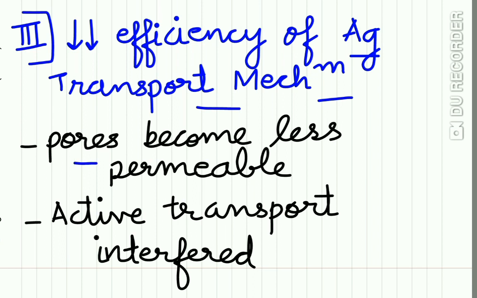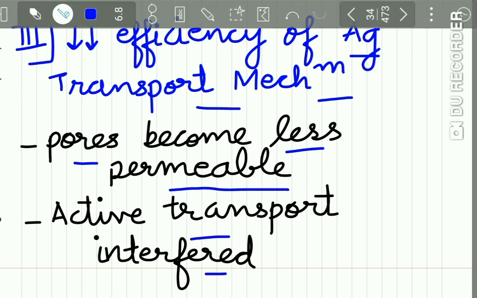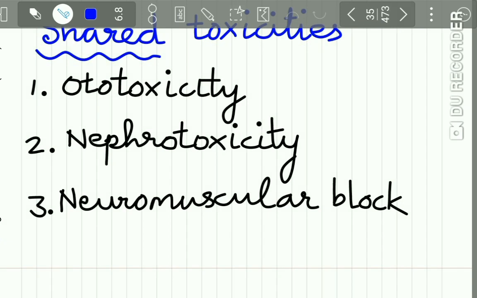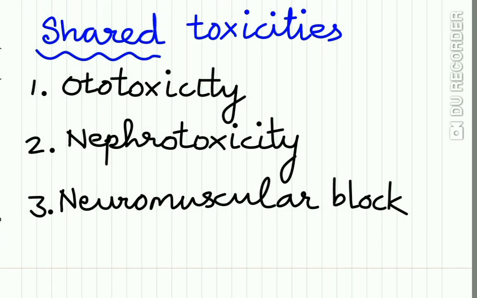The pores present on the bacterial cell wall become less permeable, so the active transport of aminoglycoside is interfered. Now, the shared toxicities of aminoglycosides are ototoxicity, nephrotoxicity, and neuromuscular blockade.